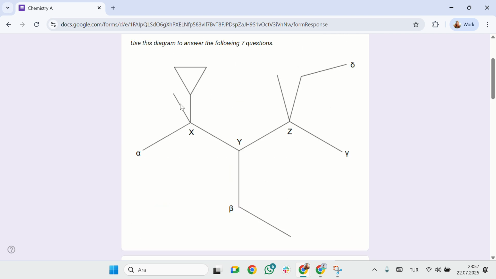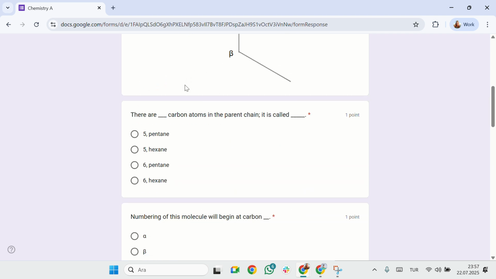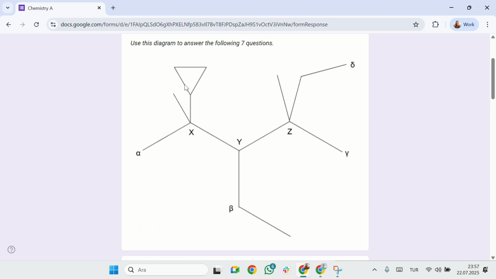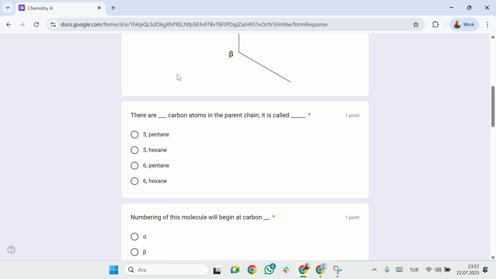Let's say I like this one. Let's say this is the parent chain, and I think every corner of this molecule has one carbon atom. So let's say this has three, but there's no three.